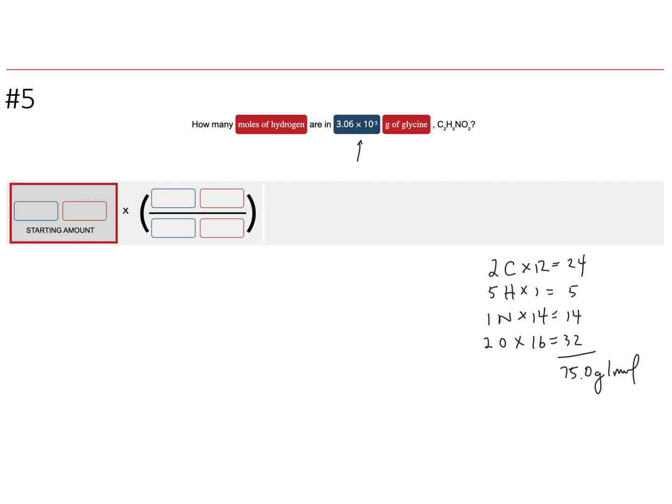So now I know my mass of glycine. I've got 3.06 times 10 to the minus 3 grams of glycine, and I want to find moles.